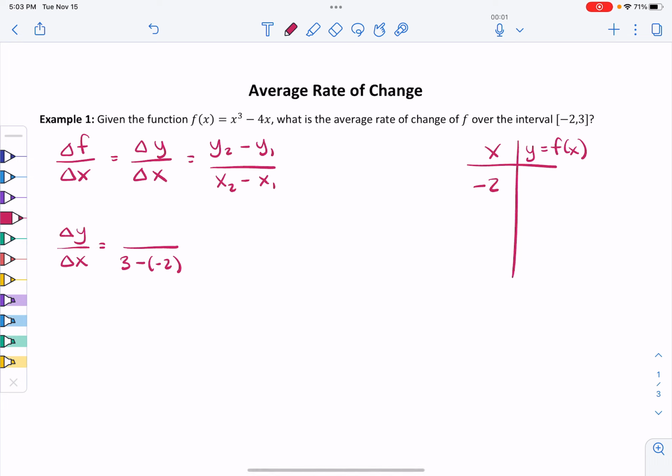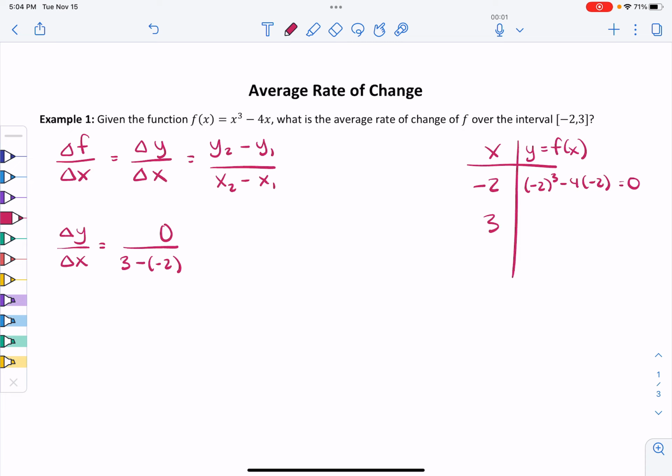So when x is -2, we're going to be plugging it into the function. We have -2 cubed minus 4 times -2. That is -8 plus 8, which is equal to 0. So y is going to be equal to 0 when x is equal to -2.